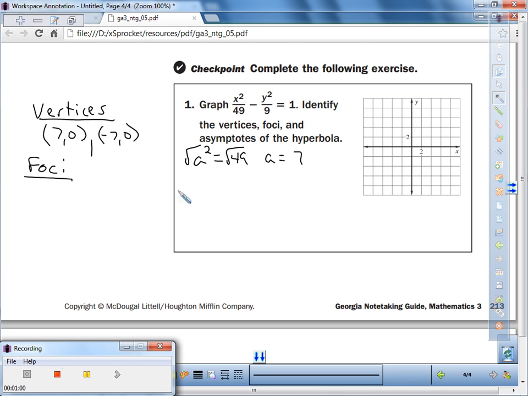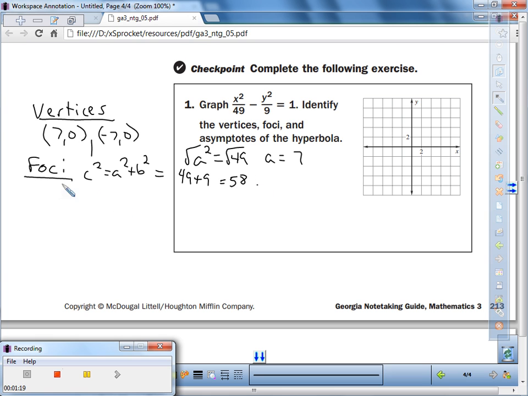What we'll do is we know that c squared is equal to a squared plus b squared. So 49 plus 9 gives us 58, so c squared is equal to 58.